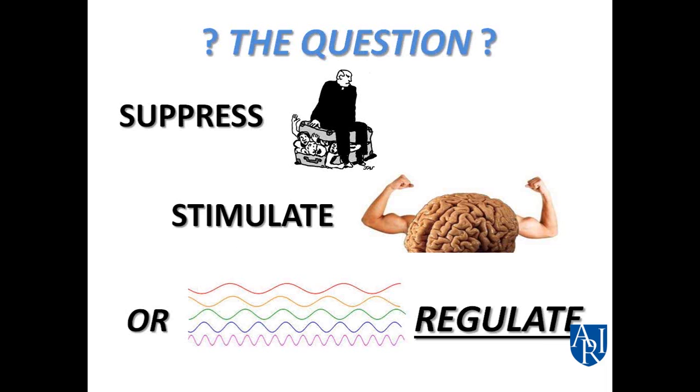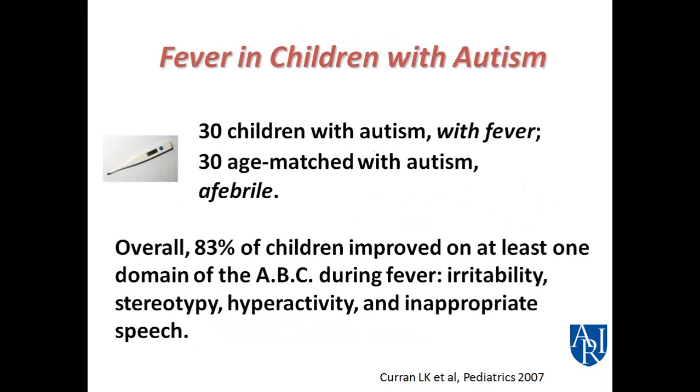And this is an important question, and one that we are going to have to answer eventually. Suppression is one way of approaching it. Stimulating, I think some people have tried as well with various vitamins and cofactors and so on. But it may be that regulation is more important.